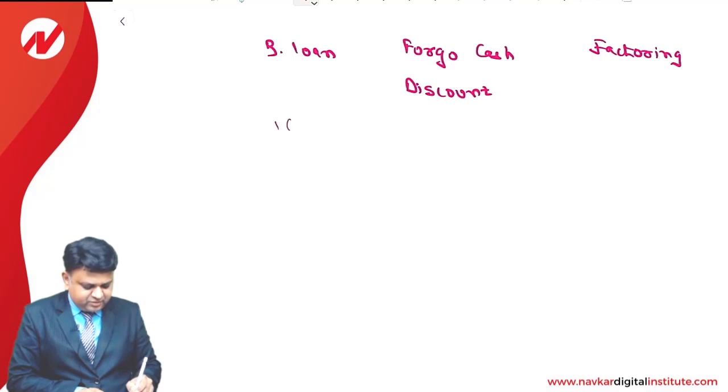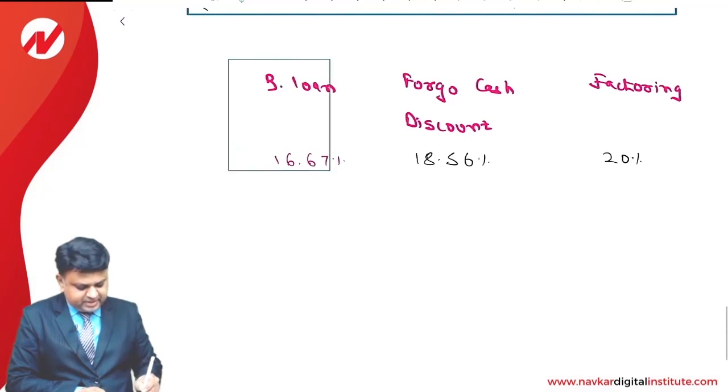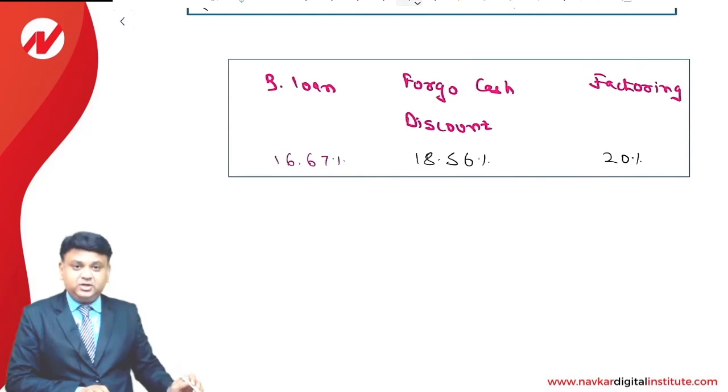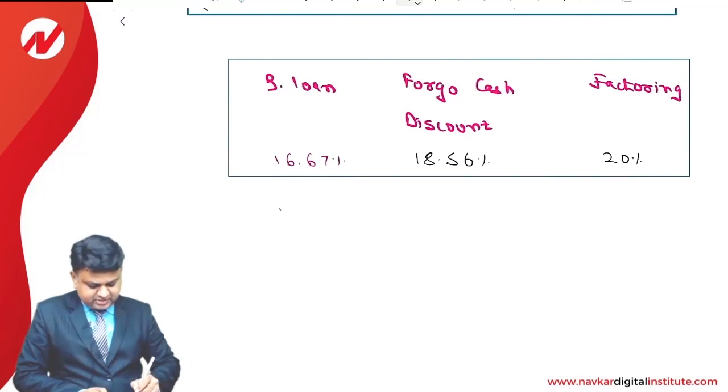As far as the effective cost is concerned, it is 16.67, then 18.56, and then 20%. So you're required to make a comparison, and you're required to select the option which has the least cost, that is the bank loan.